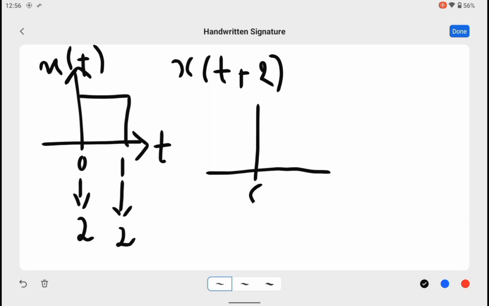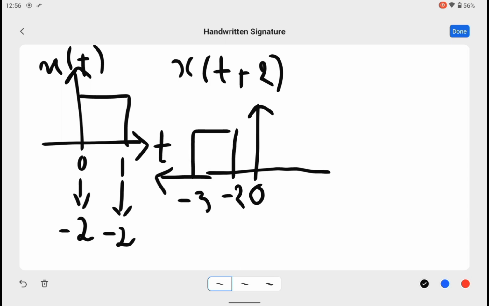So I'm going to add minus 2 to both of the sides. The 0th point will now move to minus 2, and the signal which is at the point 1 will move to the point of minus 1. The amplitude here is 1 and the amplitude here is 1. There is no change in terms of the amplitude.